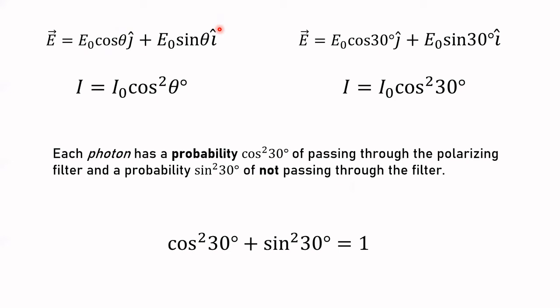And of course, the sum of those two probabilities is equal to 1. That's just a trig identity, right? The cosine squared of any angle plus the sine squared of that same angle equals 1. The probabilities have to add up to 1, right? What's the total probability of either passing through the filter or not passing? It's got to be 1 because those are the only two possible outcomes for this ideal filter.